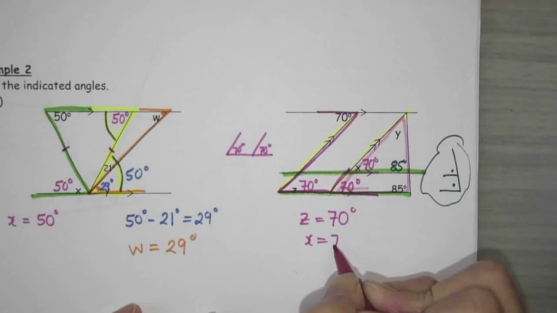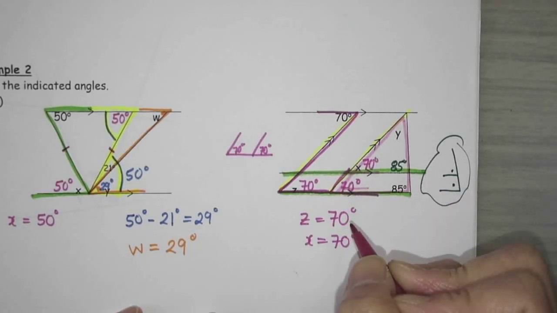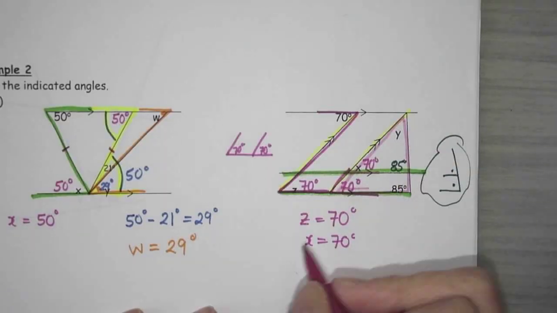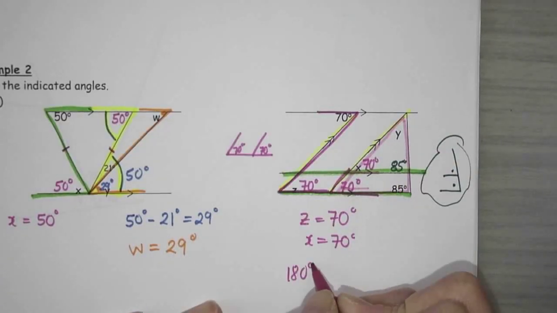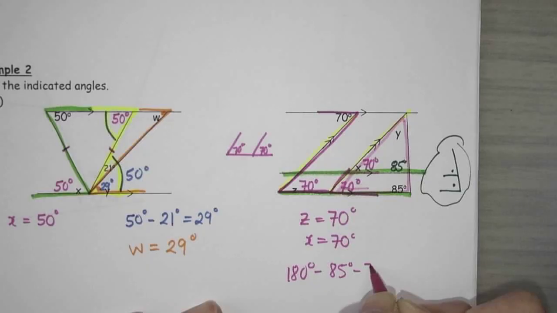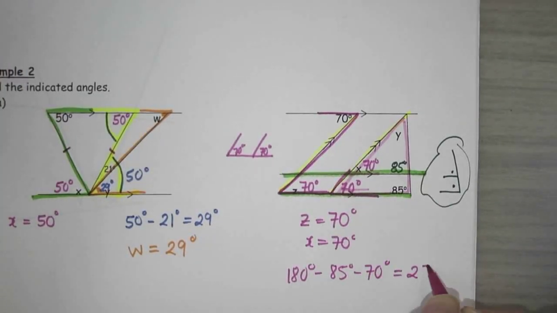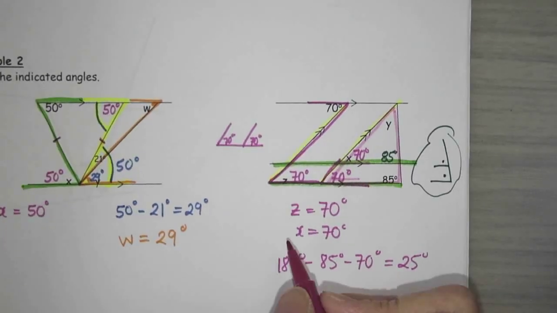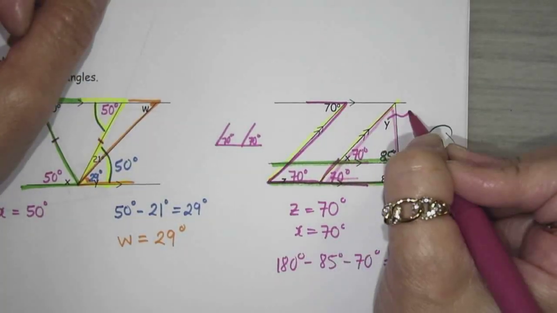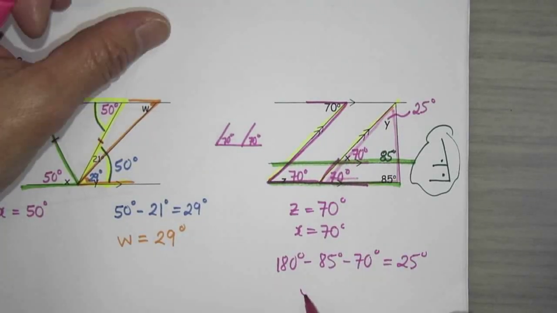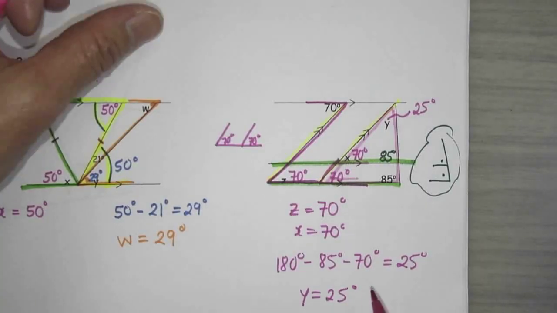So now I know X is also 70 because F pattern goes there. Then for this triangle here, it's going to be 180 minus 85 and minus the 70. And that gets me 25 degrees. So this one is 25 degrees, so Y is 25 degrees.